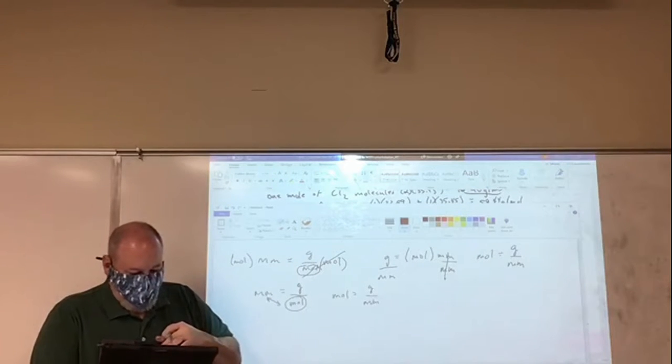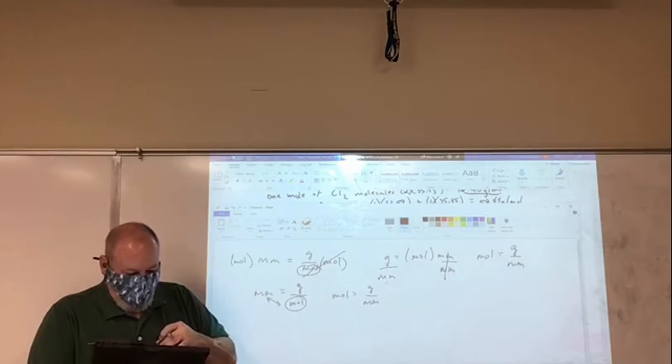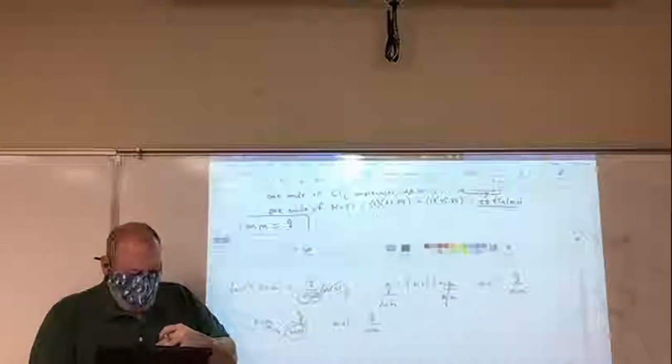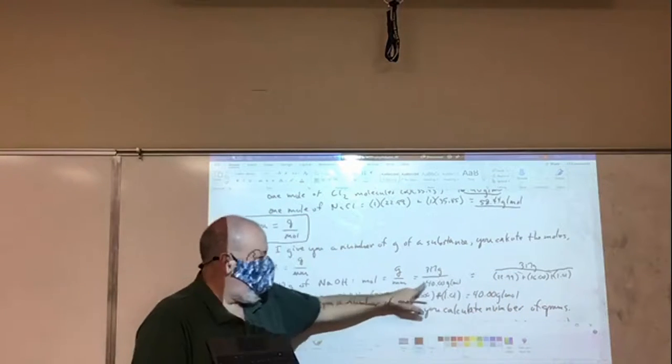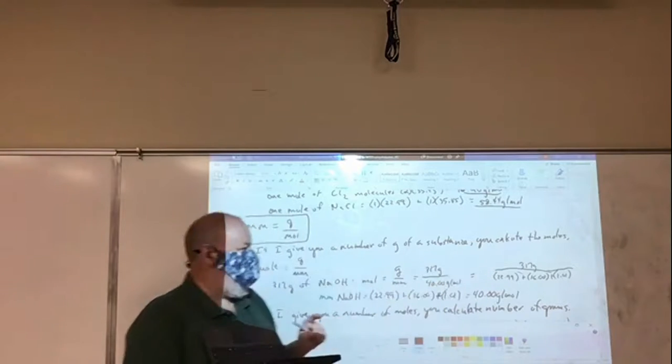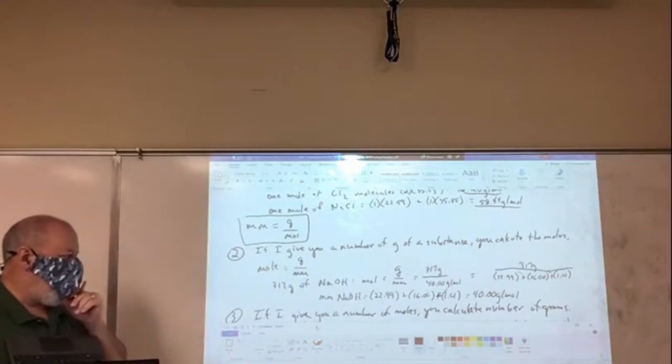And so in the second type of thing that I'm going to ask you to do, if I gave you 317 grams of this, you'd have to tell me how many moles that was. And you could also, instead of calculating the molar mass separately, just calculate the molar mass in the denominator like that if you wanted to. Either way would be acceptable.